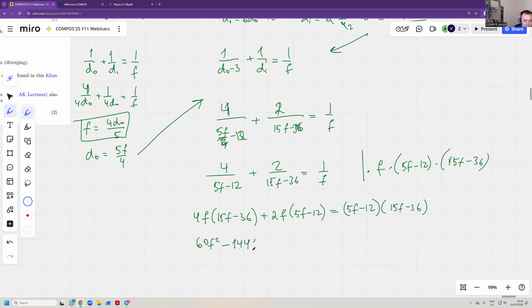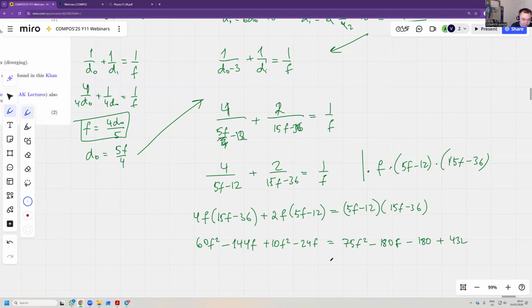Yeah, 144f plus 10f squared minus 24f equals 75f squared minus 540f, minus, okay, my mental maths is at capacity at the moment. 180f plus 12 times 36, 432. Okay, so it's a quadratic equation, not too bad.